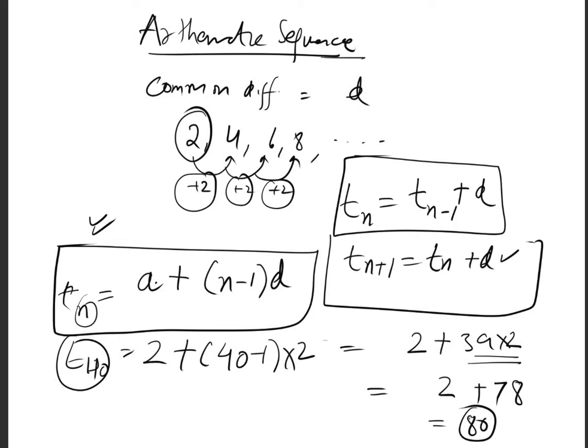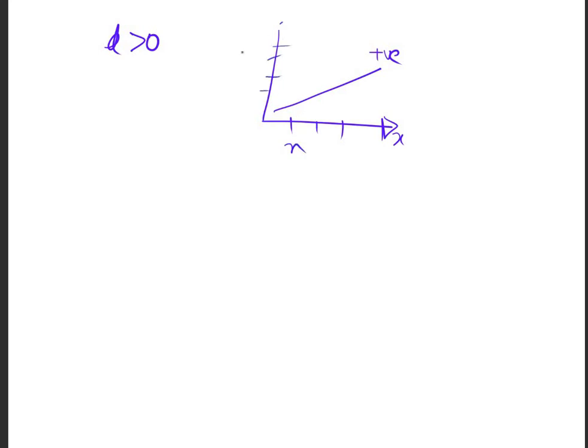So these three, if I mark them in different colors, this one and these two are the prime formulas that can help you generate an arithmetic sequence. Now, the graph of an arithmetic sequence: if your d is greater than 0, the graph has a positive slope, where on the x-axis you write your term numbers, your n, and on the y-axis you plot the value.